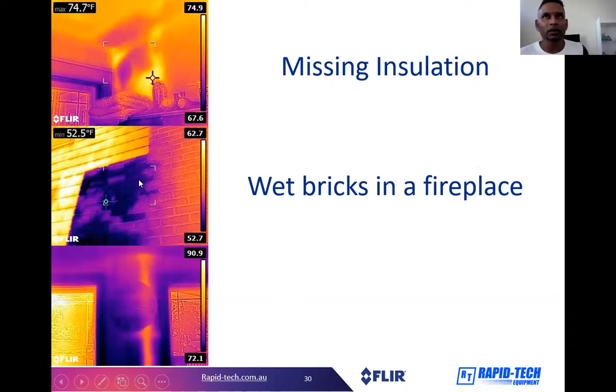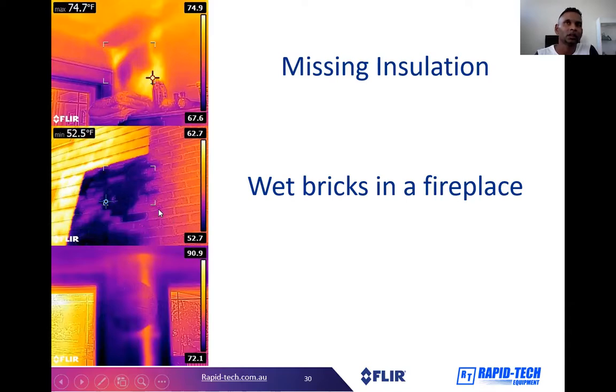The thing to understand is that the thermal camera is purely looking at the surface temperature. It's not looking beyond the surface. So whatever's happening behind these surfaces, as long as that is changing the surface property, that's when the thermal camera will pick that up.